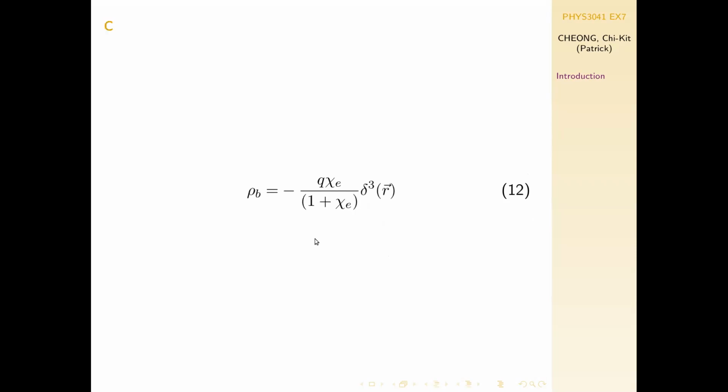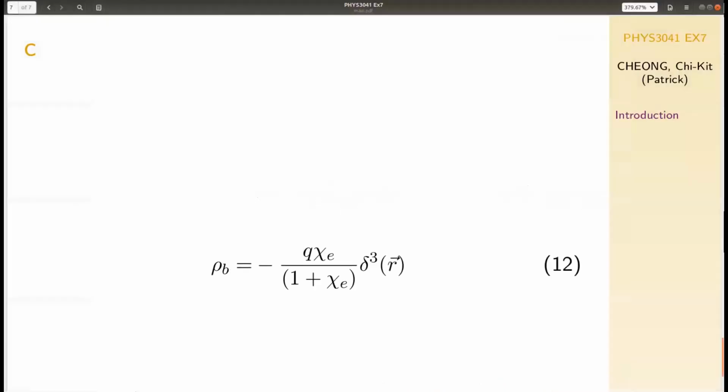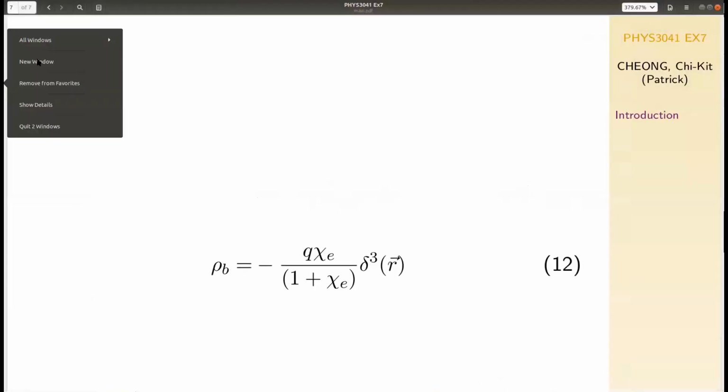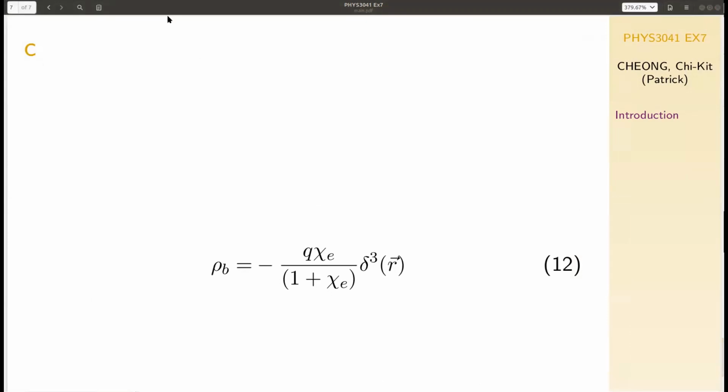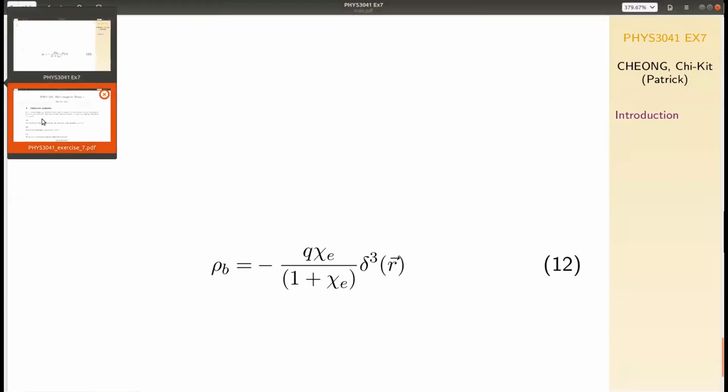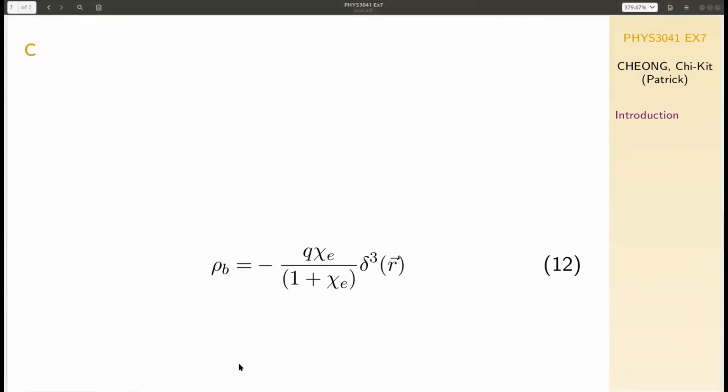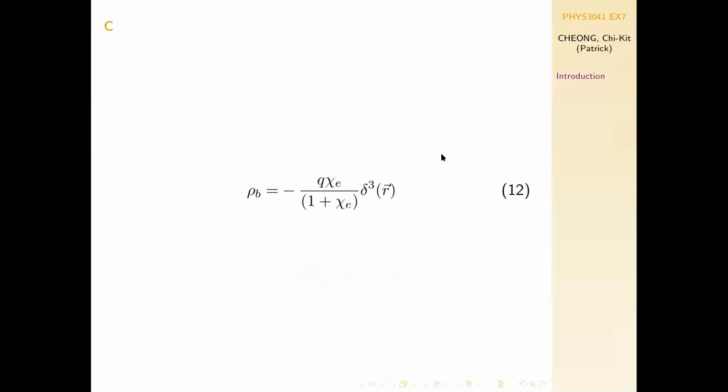Finally, the problem asks how we can interpret the location of the surface bound charge, that is, where the negative point charge is located. Let me copy the result we have obtained before, as shown in equation 12.